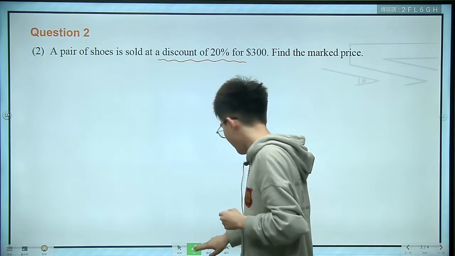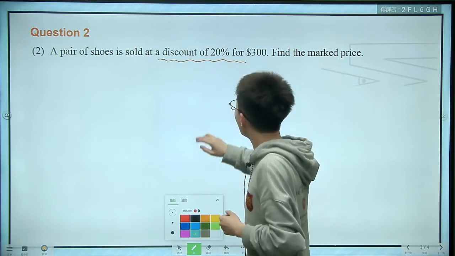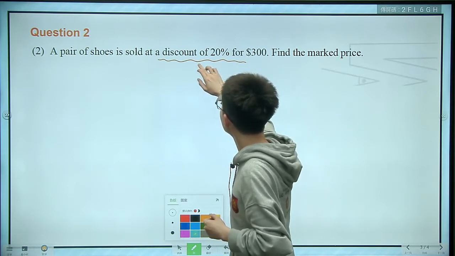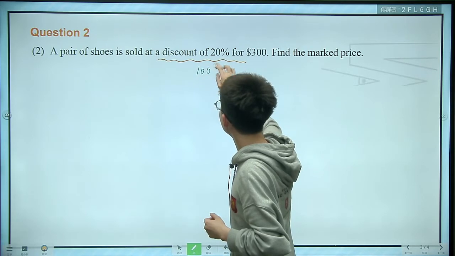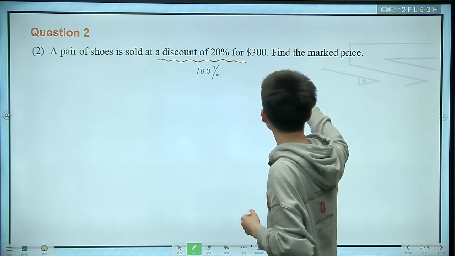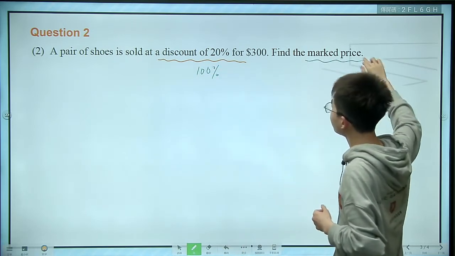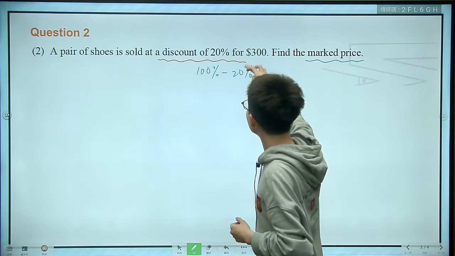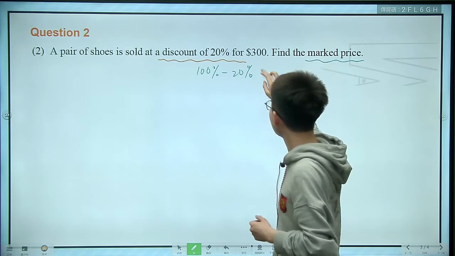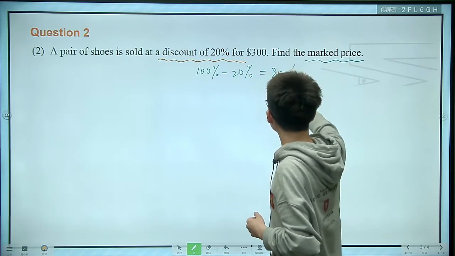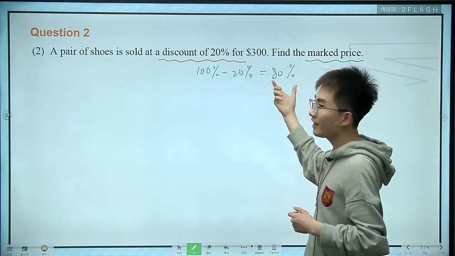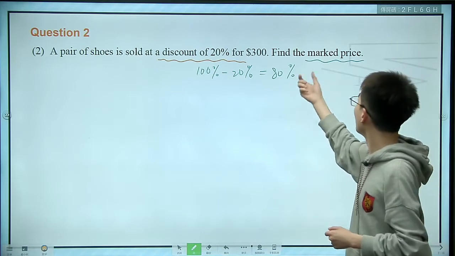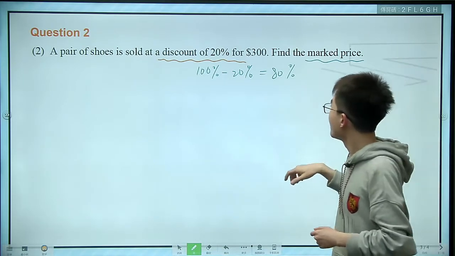First of all, we need to understand what is meant by a discount of 20%. A discount of 20% means if we have 100% of the original marked price and you minus 20%, that means you get a 20% discount. The new price, the discounted price, will be 80% of the original marked price.